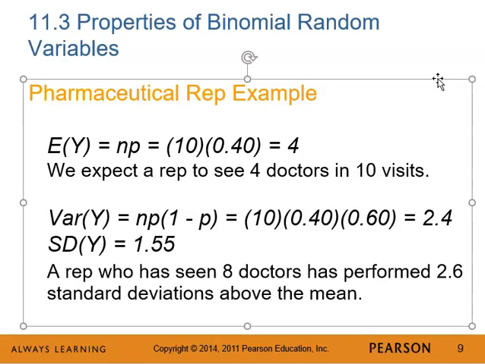But we learned earlier that standard deviation, or SD, or sigma, is the square root of variance, right?